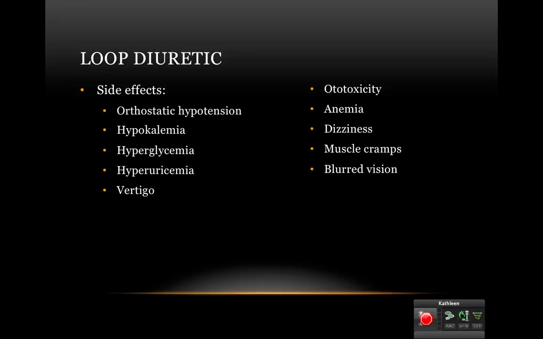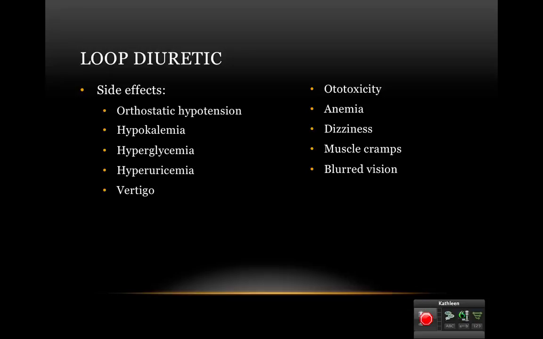Side effects are orthostatic hypotension, low K, increased sugar, increased uric acid, vertigo from volume depletion, and ototoxicity. Lasix can affect hearing when used over long periods of time, or if pushed too fast.